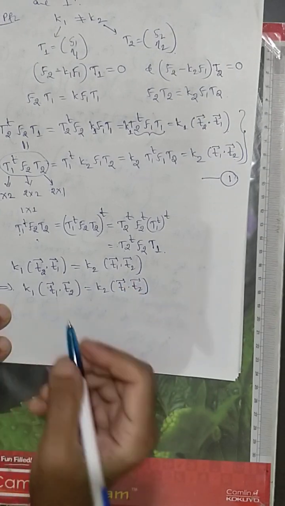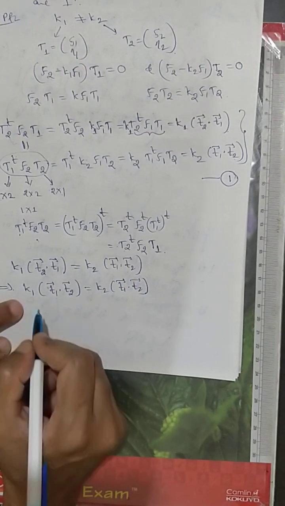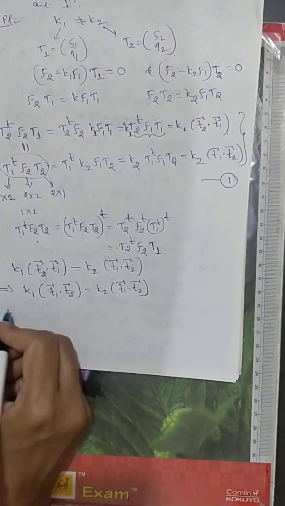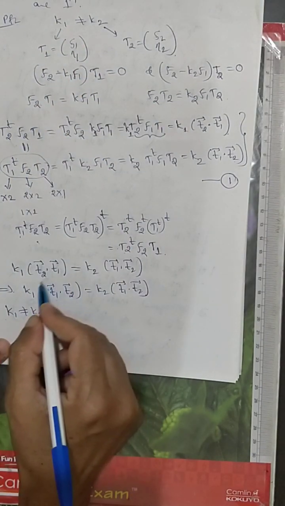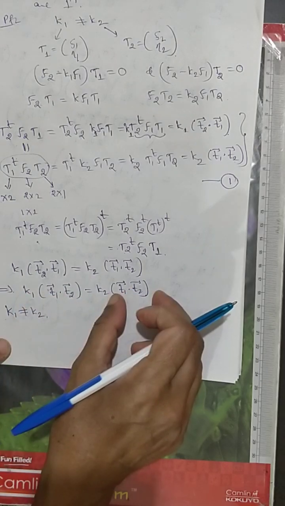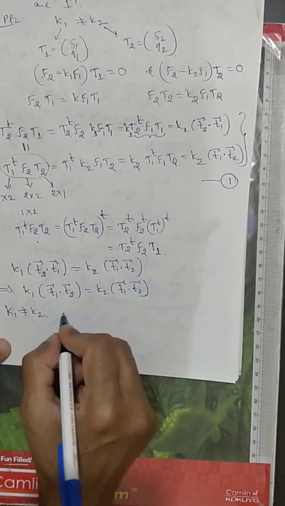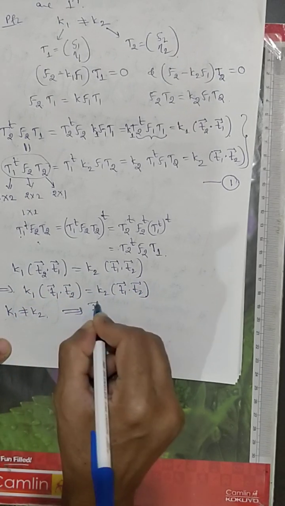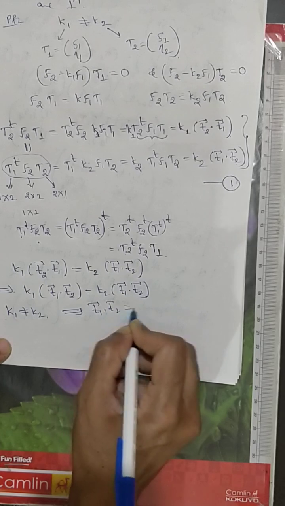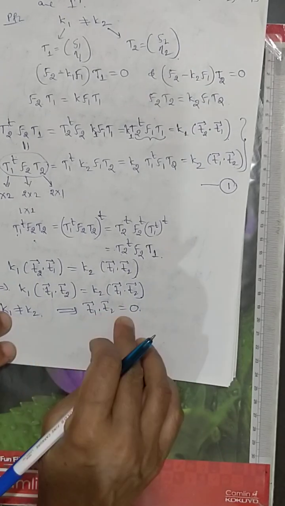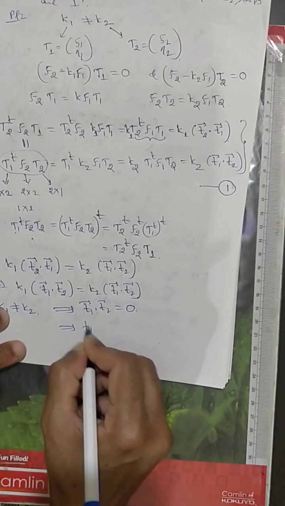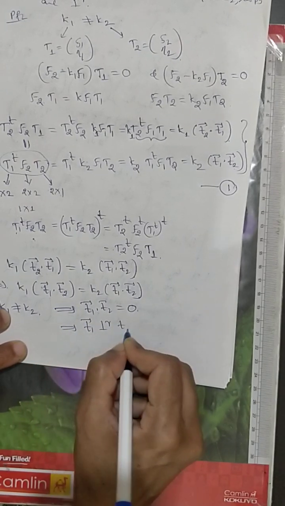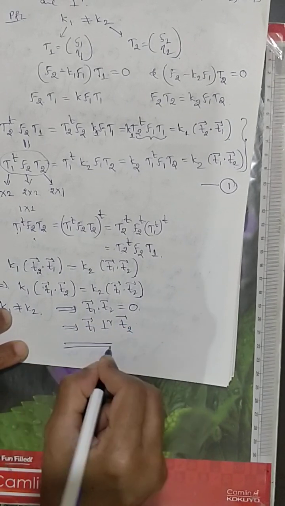What do we know about k1 and k2? They are not equal. So k1 is not equal to k2, and hence this must be equal to 0. This implies that t1 dot t2 must be equal to 0. Once the dot product of these two vectors is 0, they will be perpendicular to each other. So t1 is perpendicular to t2.